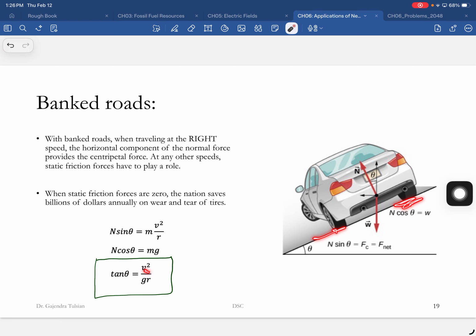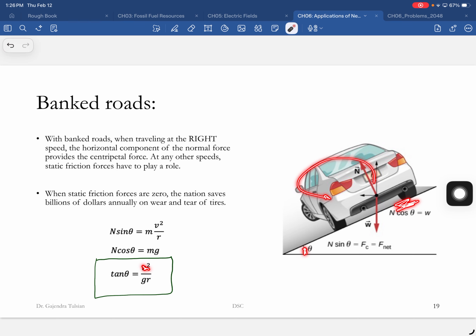You're not using any static friction. This component of the normal force provided you the centripetal force. And notice the neat thing is there's no mass information. If the road is banked at that angle, you don't need static friction no matter what your mass, if you go at that speed.